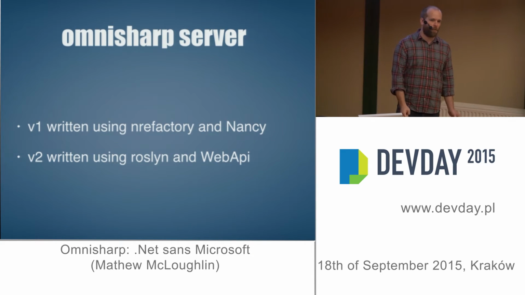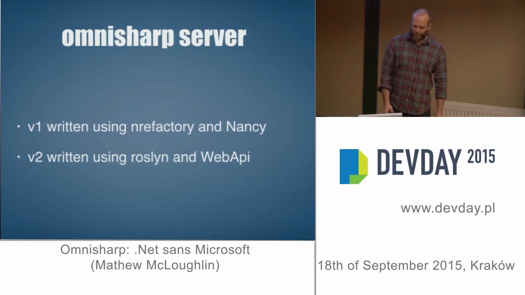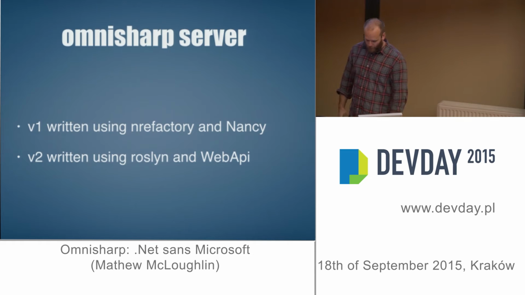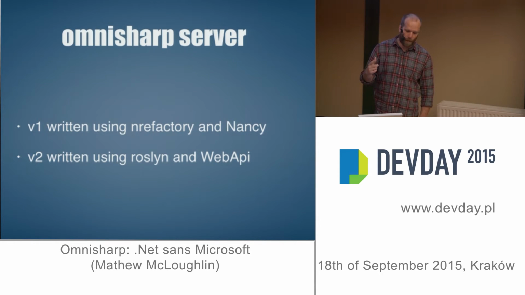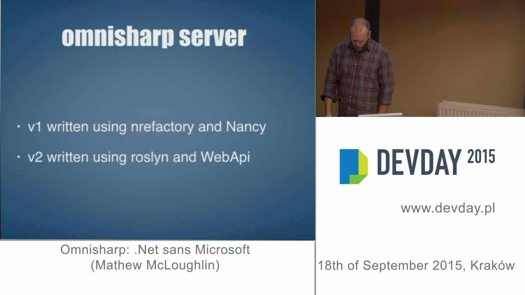I'm guessing by the amount of people who were in Scott's talk yesterday, we probably all know what Roslyn is right now. Yeah, okay. And that we built using Web API. Now we're actually close to deprecating version 1. We've almost moved all the functionality over. The last thing that's remaining is based around working with the old style, well, the current style of Visual Studio projects.